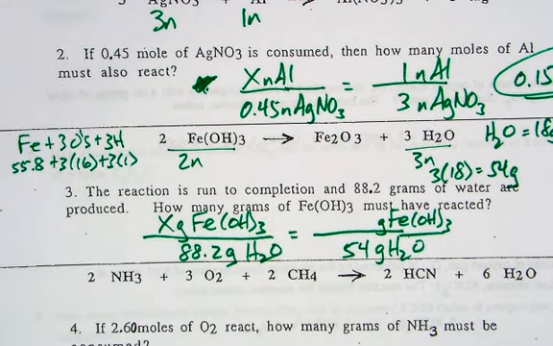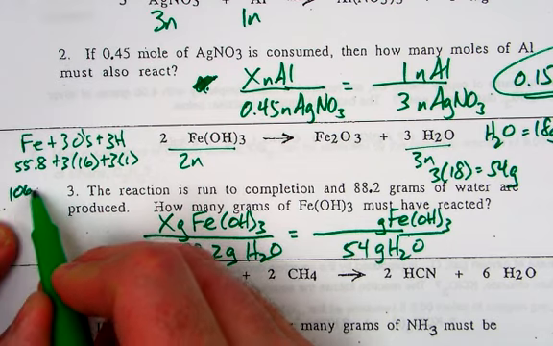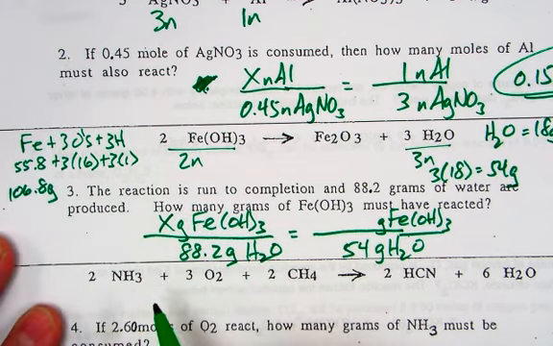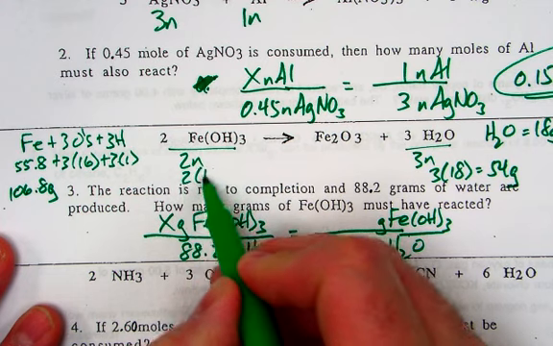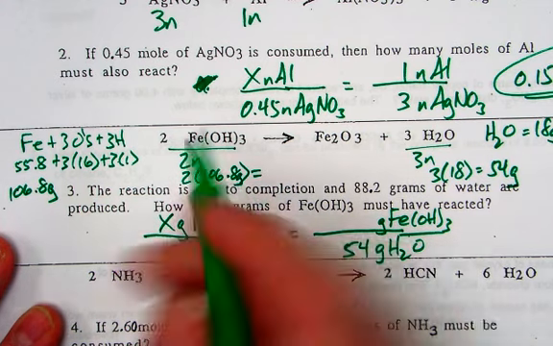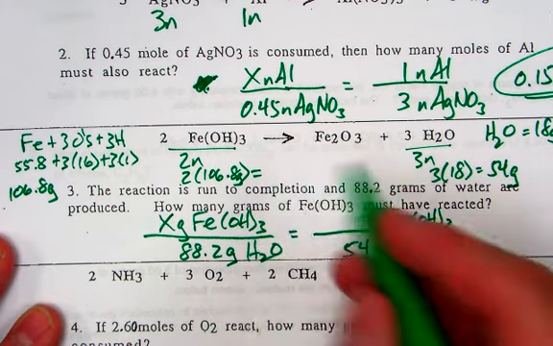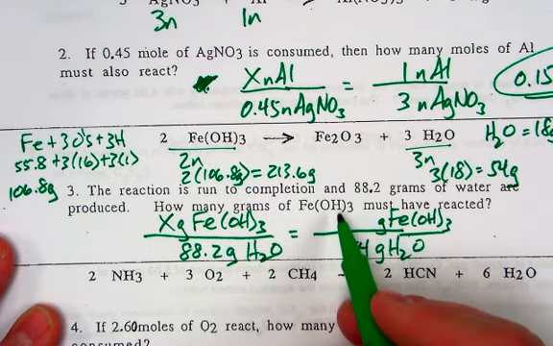So 55.8 plus 48 plus 3 should equal about 106.8, and that's your molar mass. So we want to take 2 times 106.8, and that's going to equal 213.6 grams. So that's what we put here.